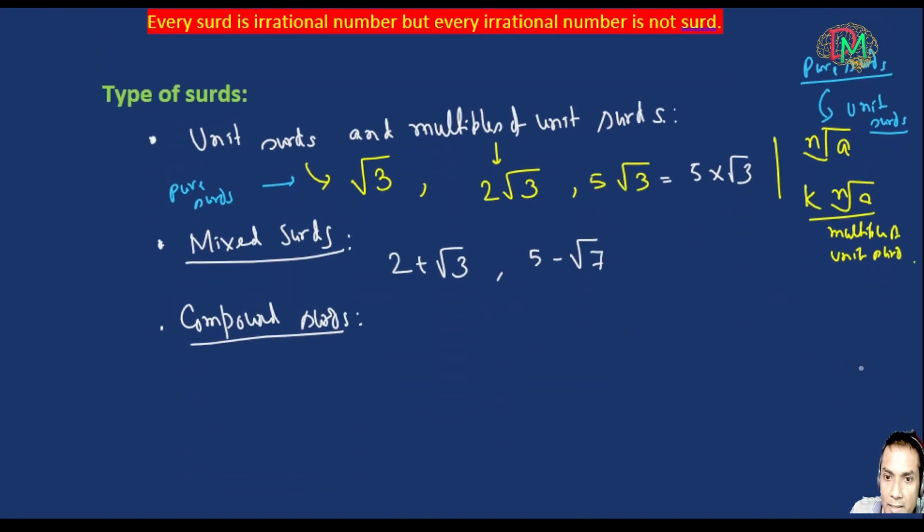You can write a general expression as, for example, n root a plus m root b. Two units when added or subtracted become a compound Surd. For example, 5 root 7 minus 3 root something. These are examples. Then we learn the binomial Surd.